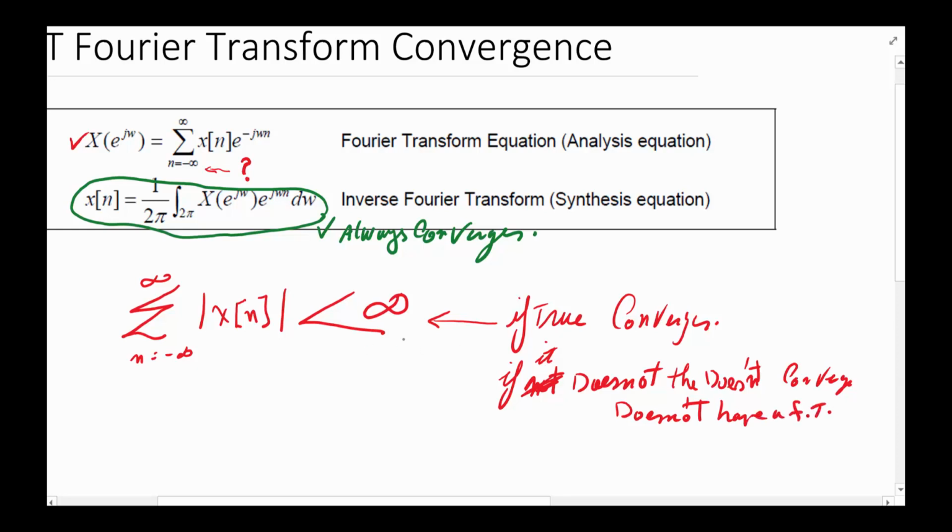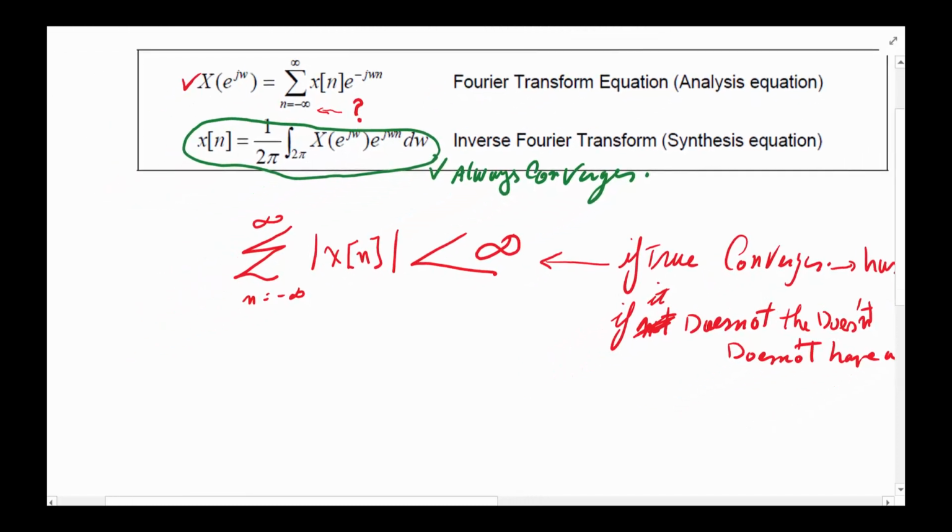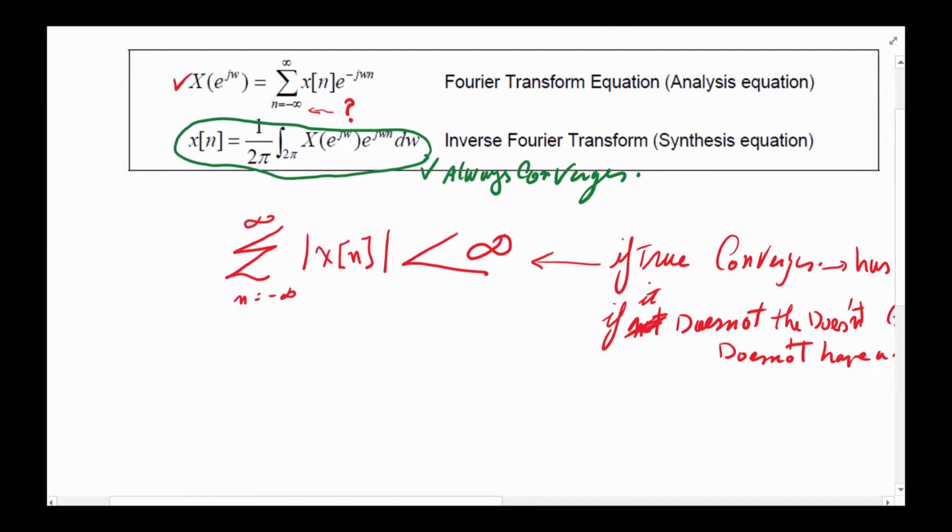If this condition is true, then it converges and has a Fourier transform. Okay, so that's all we have to do to make sure that we have a convergent signal and everything is good.